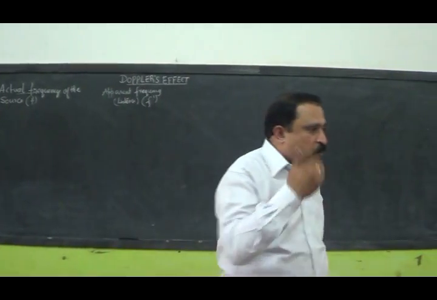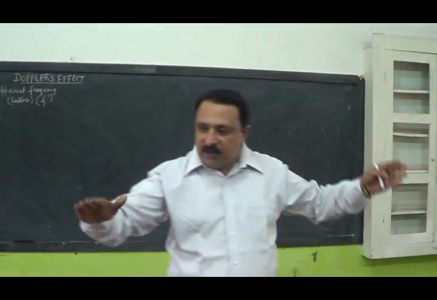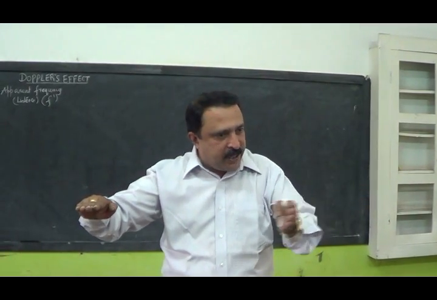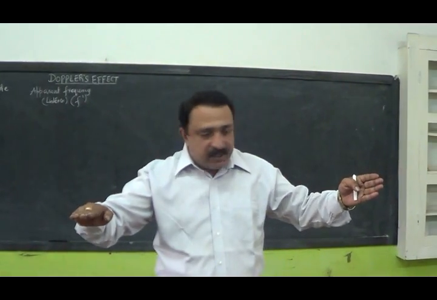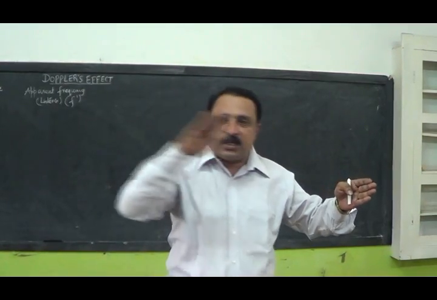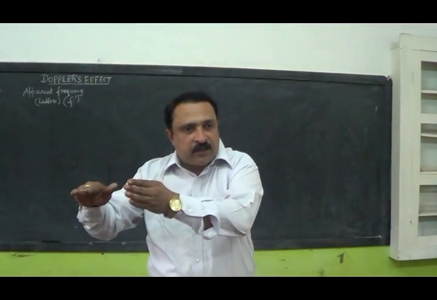Here I want to tell you what is meant by relative motion. The observer is at rest and the source is coming towards him. Though he is at rest, in comparison between the source and the observer, it's a relative motion.